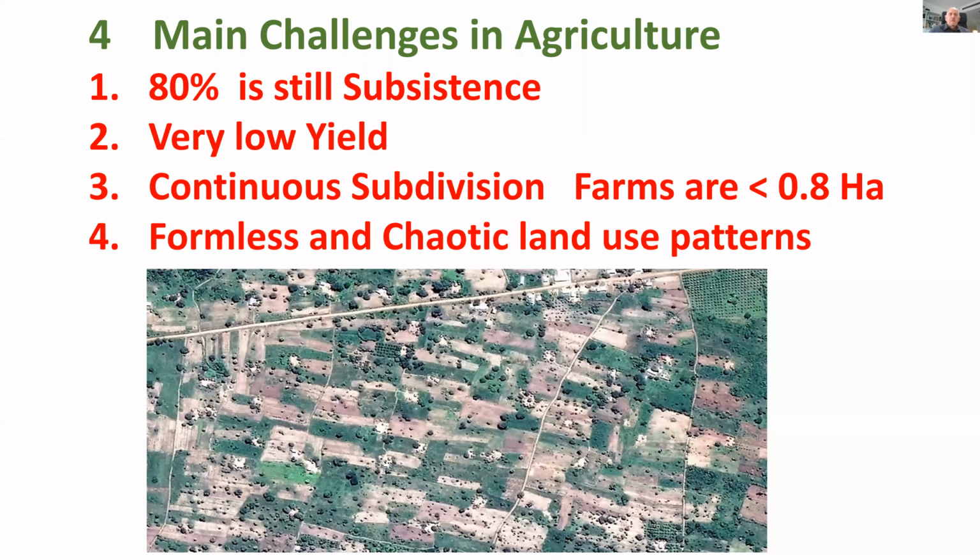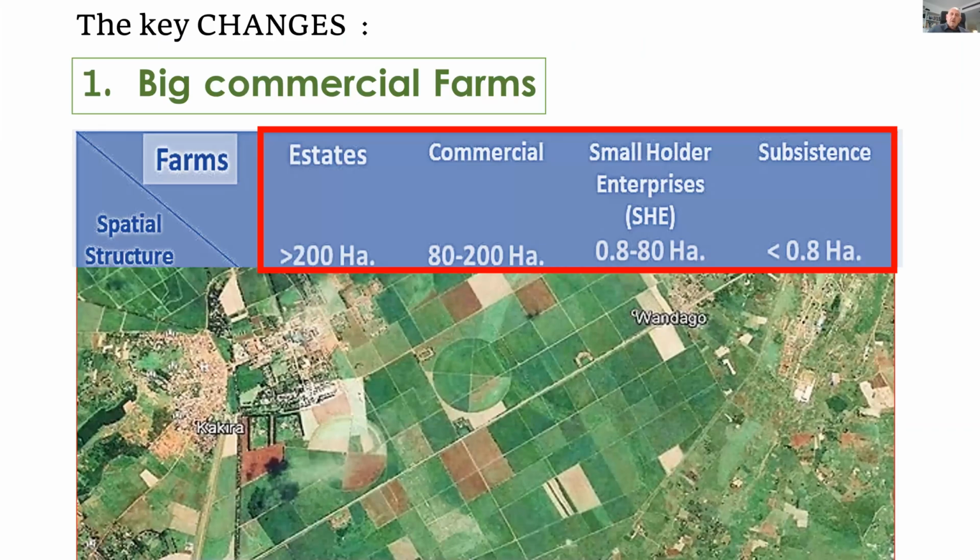And the formless and chaotic land use patterns, as you see in the picture, continue everywhere. So if this is the situation, you cannot create a systematic and economic development of agriculture.